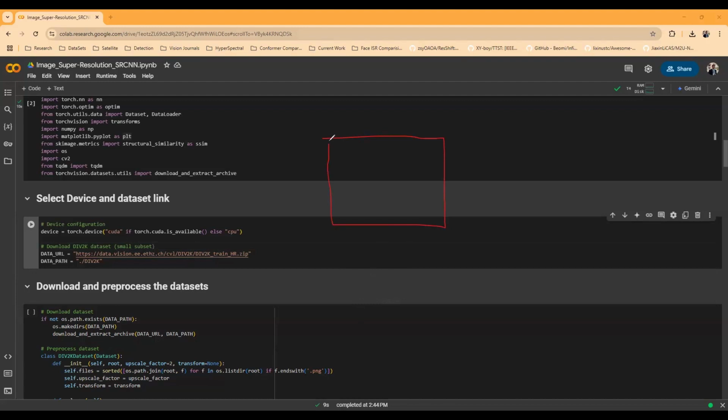So our model should accept a low resolution image that I described earlier, might be 512 cross 512 or any x cross y dimension, and the output is expected based on the scaling factor. For scaling factor 2, the output should be 1024 cross 1024. And if we are using scaling factor 4, then this will be 2048 cross 2048.